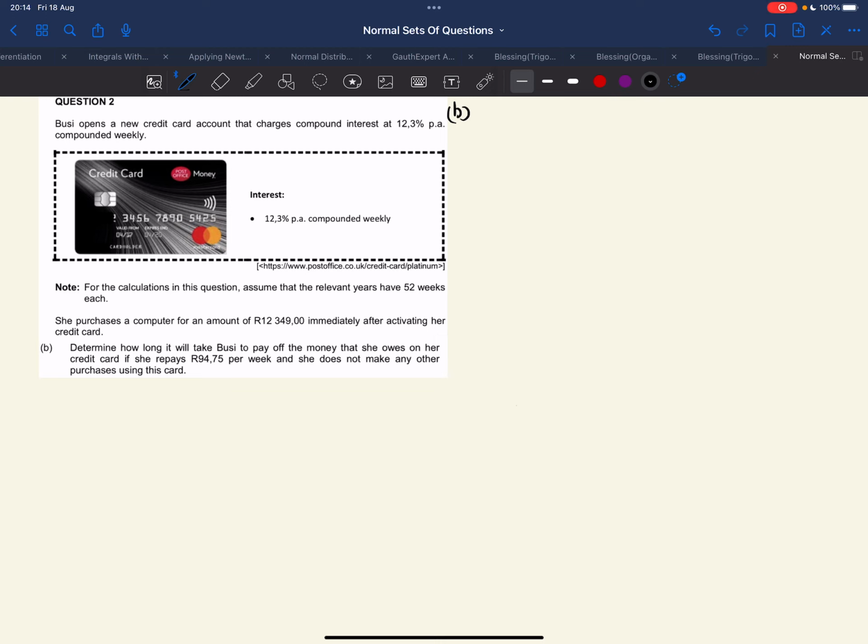So in this question, this one is not going to be a one-way; we're going to use a compound interest formula. The only formula that can work is the future value annuity, because according to future value annuities, money or payments are made at regular intervals with an aim to save money for future needs.